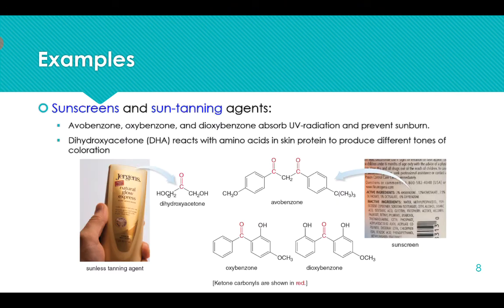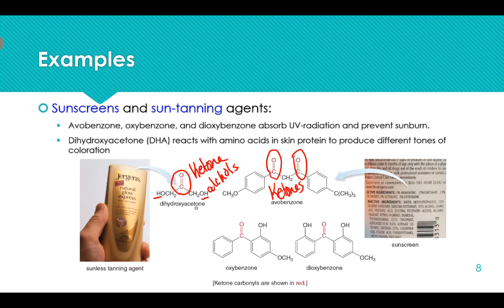Ketones are often found in a lot of beauty care products, such as sunscreens and suntan lotions. So here's a ketone functional group. And you can see it also has alcohol functional groups on both ends. This has ketone, ketone.